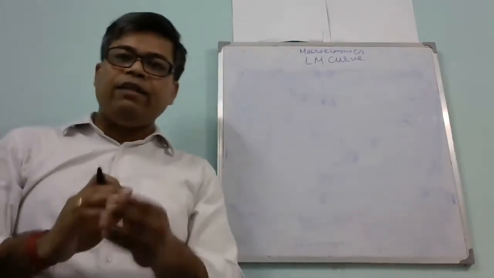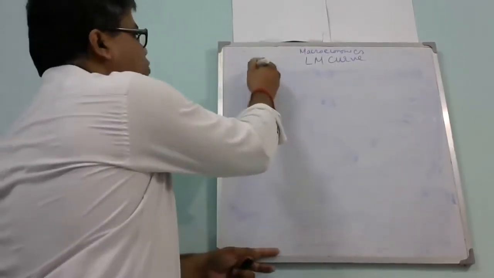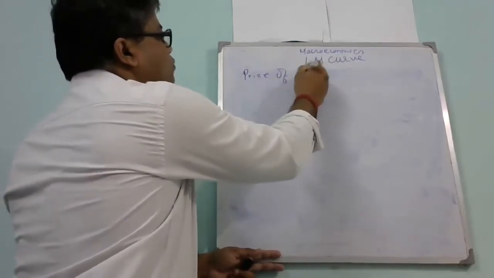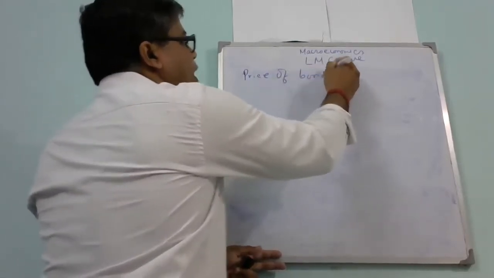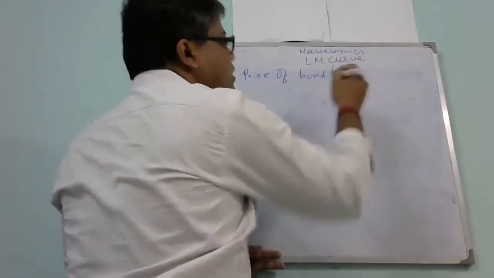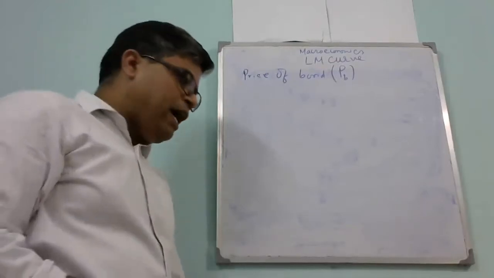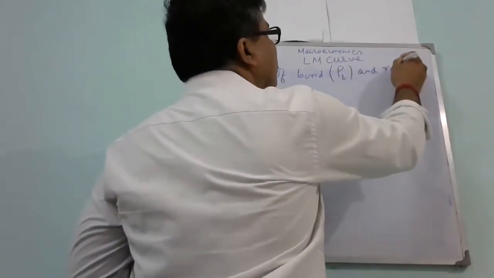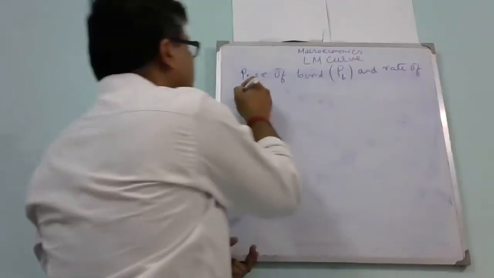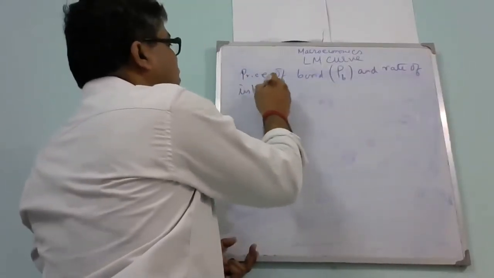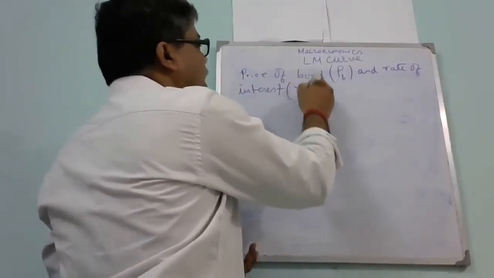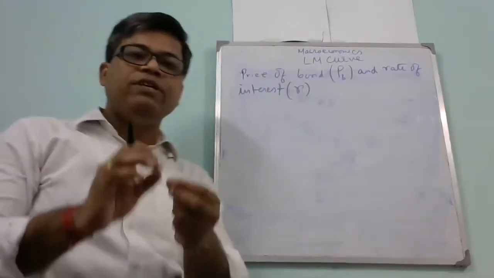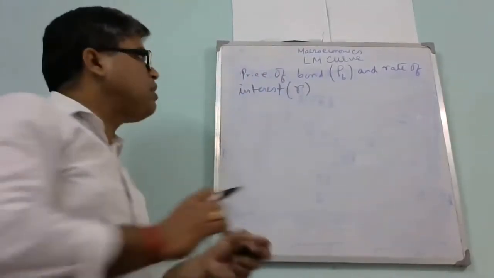There is a relation between the price of bond, denoted by PB, and the rate of interest, which is denoted by R. Price of bond and rate of interest are inversely related to each other.